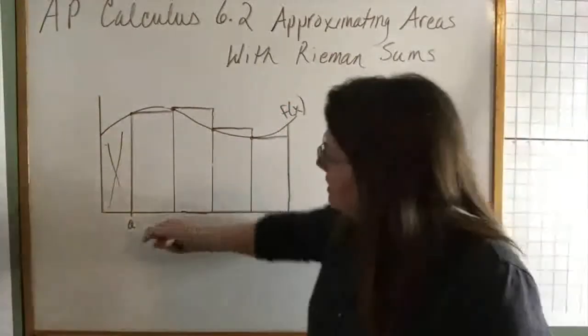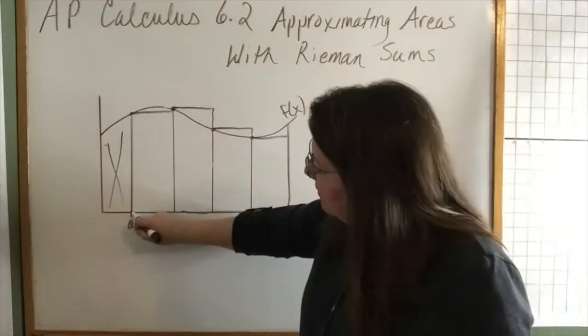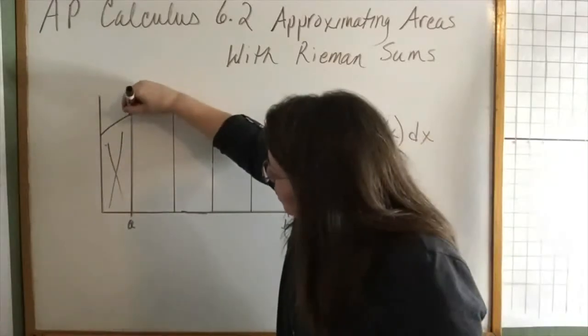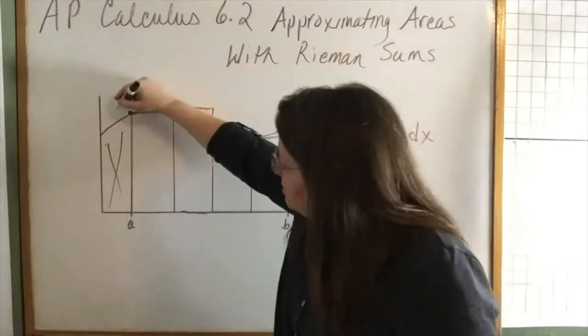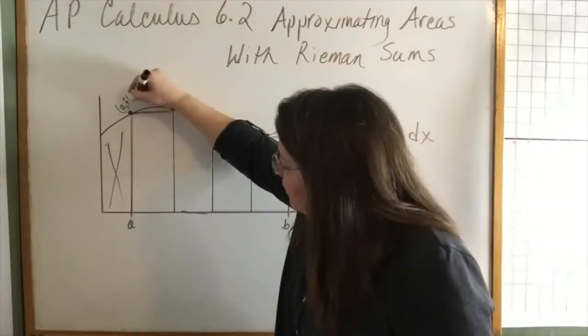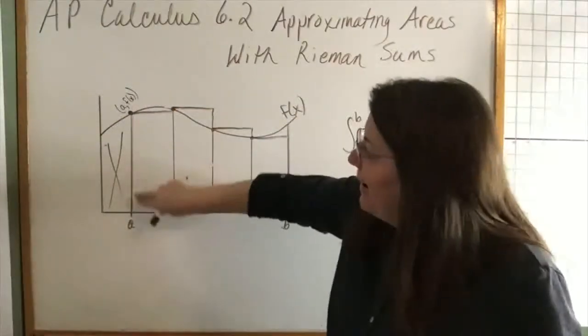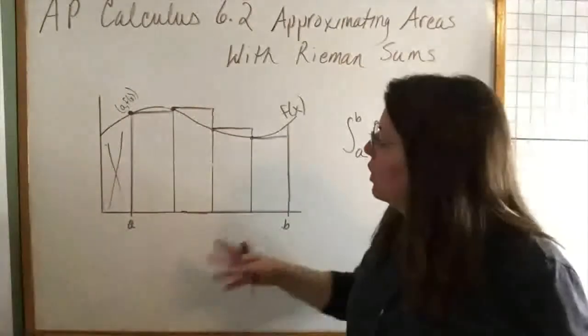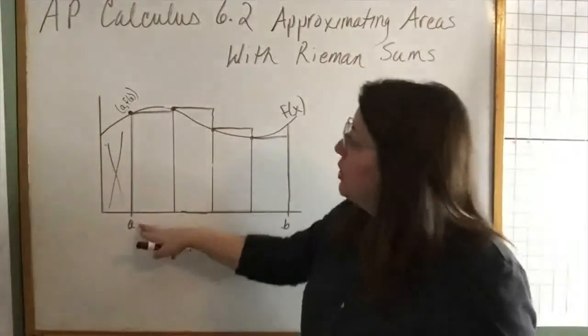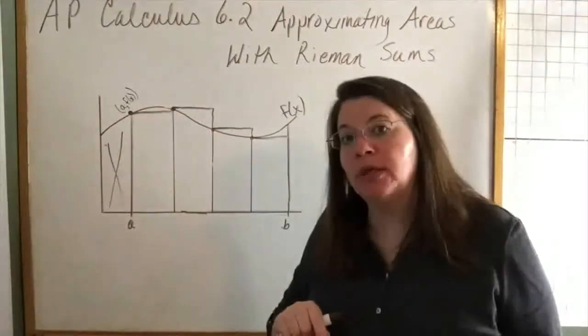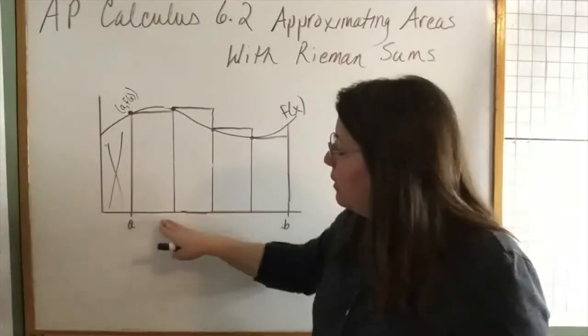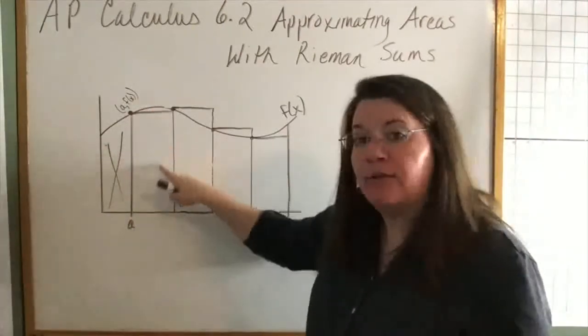So isn't the length from the x-axis up to the point on the curve going to be f of x? If we plug a into the function, won't we get the height of our rectangle? So we're going to have the width and we're going to know the height by plugging into the formula. And then if we multiply the width times the height, we'll get an area for that rectangle.